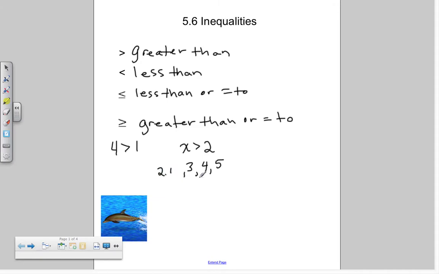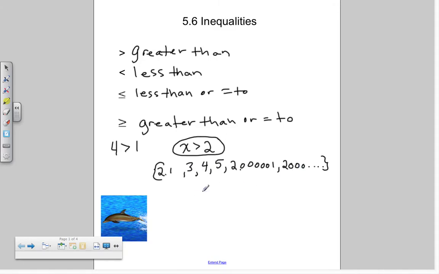Could it be 2.00001? Yes. It could be anything larger than 2. It could be 2,000. Could it be -5? No. Okay, makes sense? So it's hard because I can't possibly list all these. So the best way to do it is to write it or to draw it. Right here is how you would write it using algebra, all of those answers.